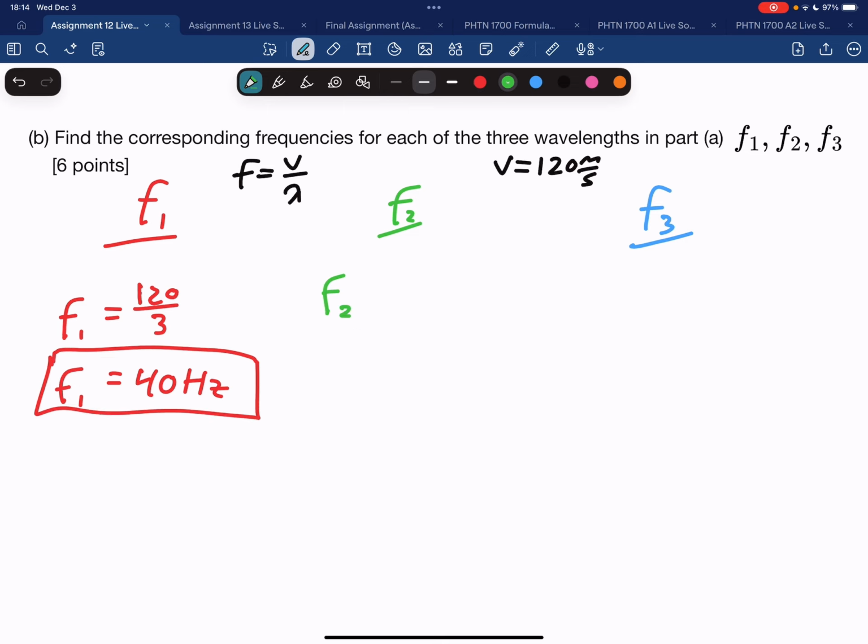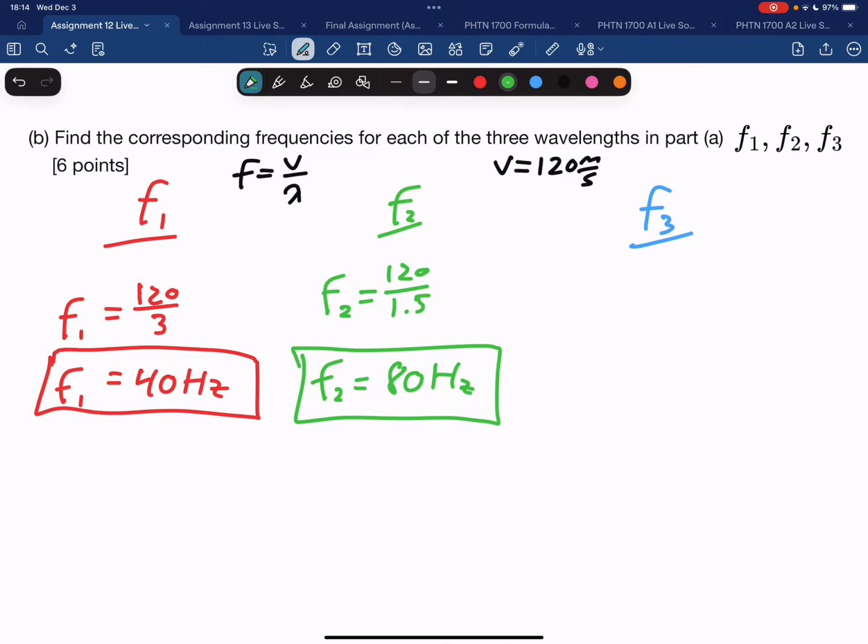Setting up for F2, this is 120 over 1.5. So F2 is equal to 80 hertz. And F3 is equal to 120 over 1, which gives us 120 hertz.